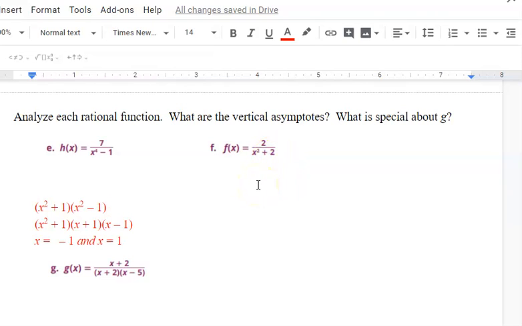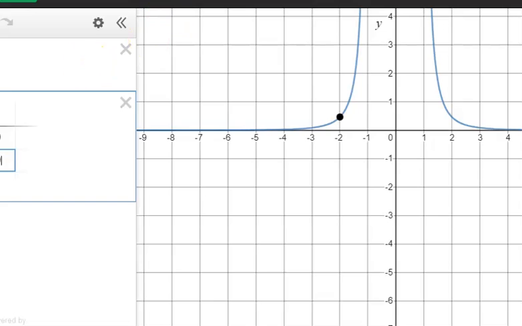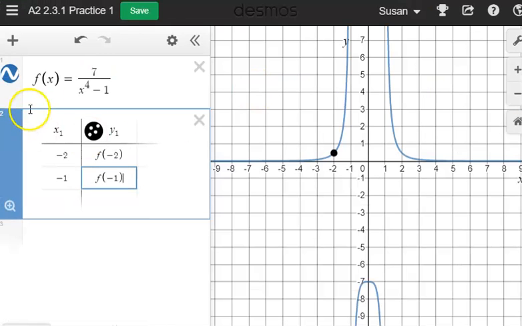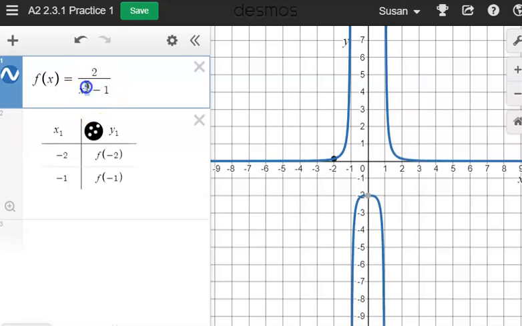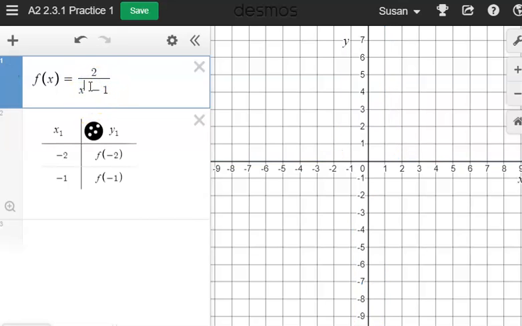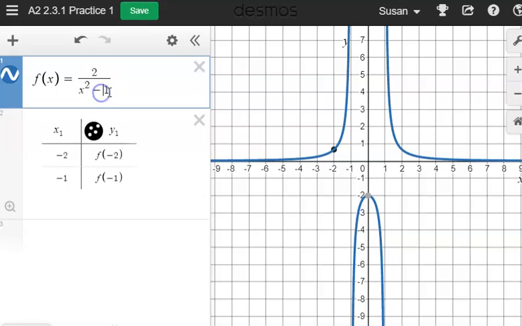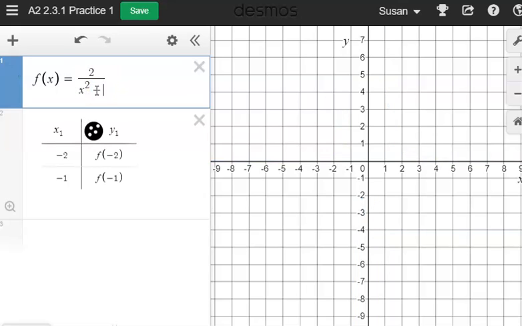X squared plus 2 equals 0 is going to give you imaginary solutions. So let's put it in the graph and see what it looks like. We have 2 on the top and x squared plus 2 on the bottom. So let me go back and do that. 2 on the top and x squared plus 2 on the bottom.